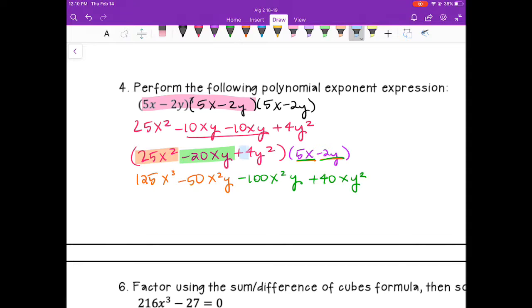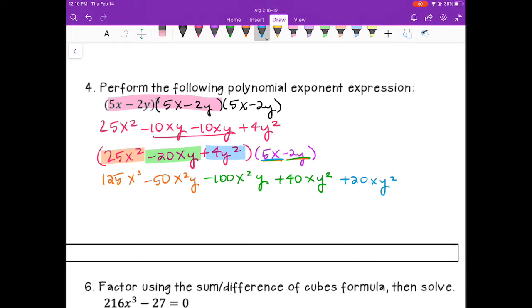And then lastly, 4y squared times 5x, 20xy squared, and then 4y squared times negative 2y, minus 8y cubed.